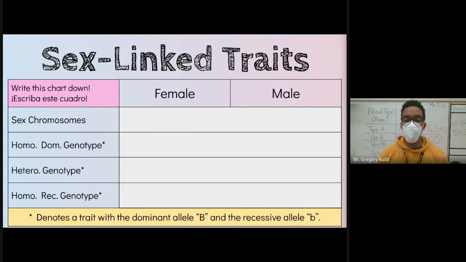So of course, we're still talking about these same 3 genotypes: homozygous dominant, heterozygous, and homozygous recessive.